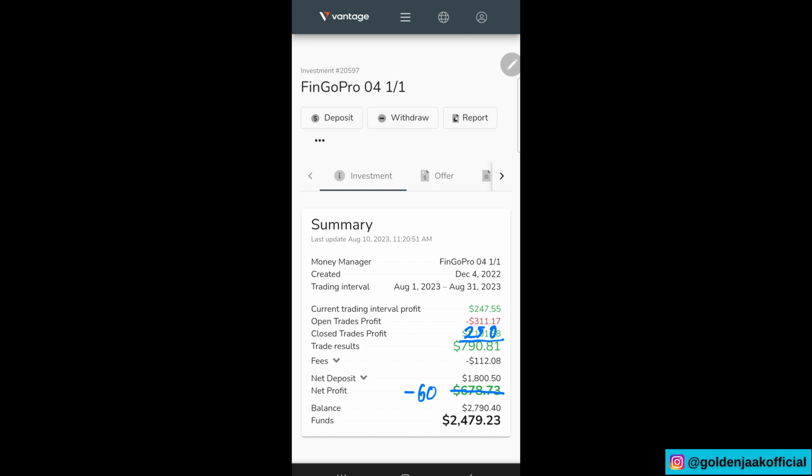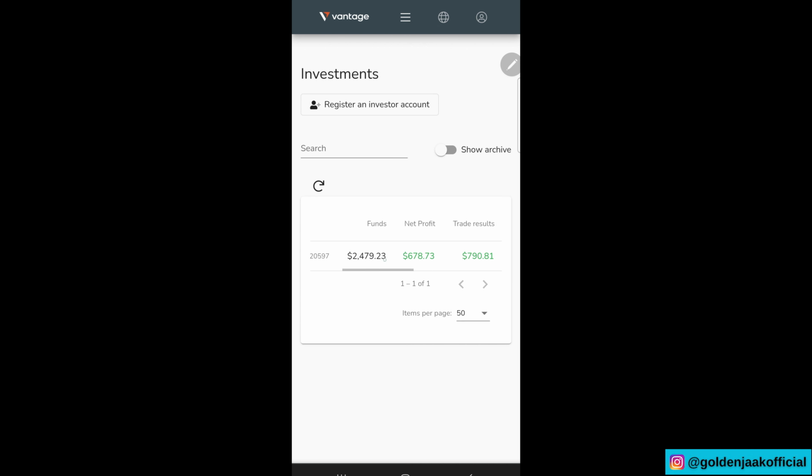So this is where it gets confusing for people, and this minus 60 would be showing on the main page, so it would be showing here also. So this number here would not be 250, it would be showing minus 60, and the person would think, oh, it's not making any money for me, when actually the balance has increased by 250.